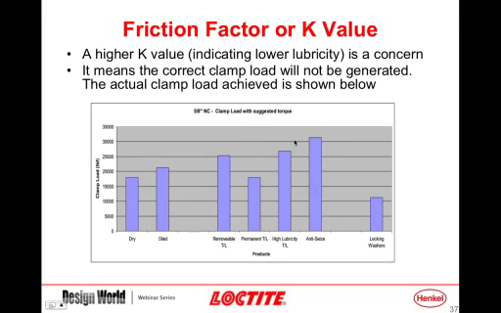And again, when you purchase a fastener, you're purchasing it for the clamp load. You get a fair amount of consistency, but when you have a system like anti-seize, which dramatically reduces the K factor, to make that clear, as it says right here, higher K factor, lower lubricity. So on the anti-seize, it was a low K factor. It acts as a lubricant. More of the force that you're applying in the torque wrench is going to generating clamp load.